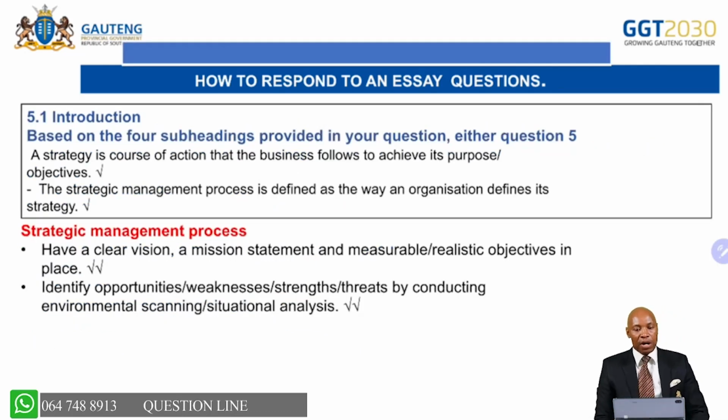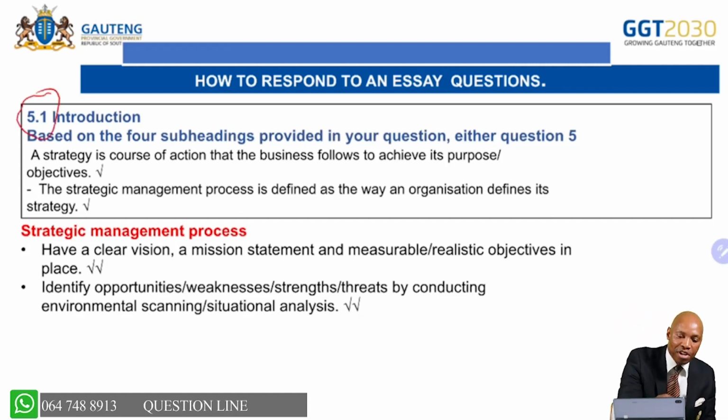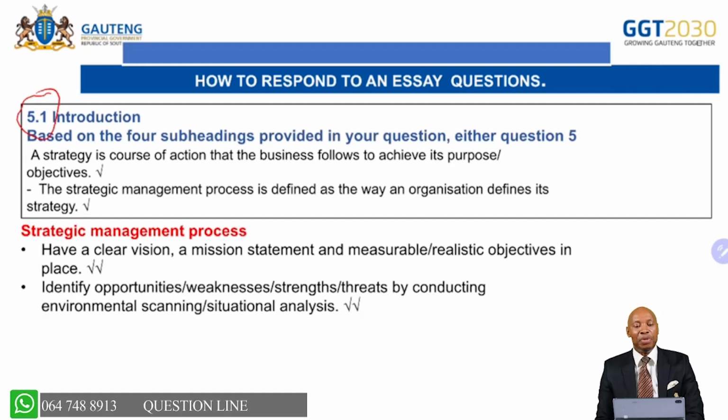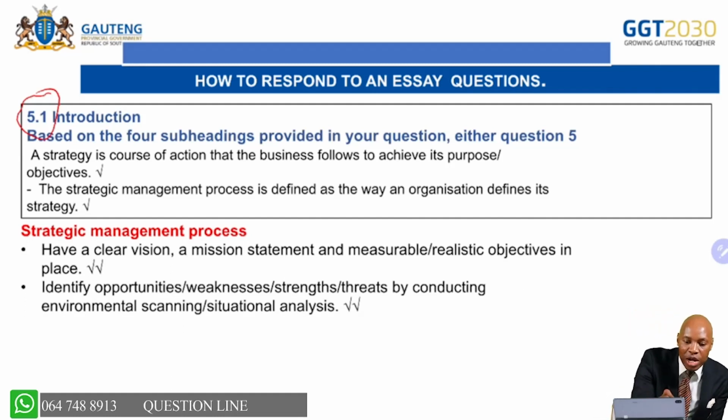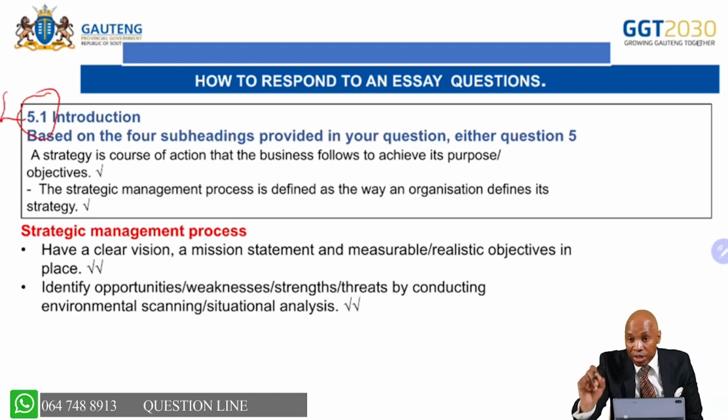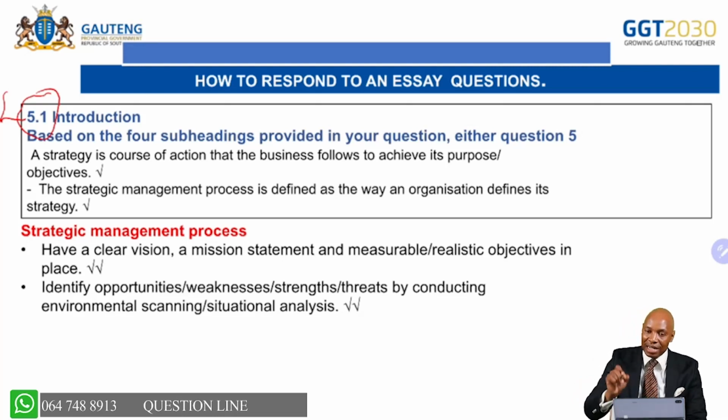Right. Now, let us look at how you will be marked. Now that you have your introduction, remember this is question 5. Obviously, your introduction will be 5.1. Now, for writing the word introduction, you will get L. Not only the word introduction, then you must say something under introduction that is related to the question asked.